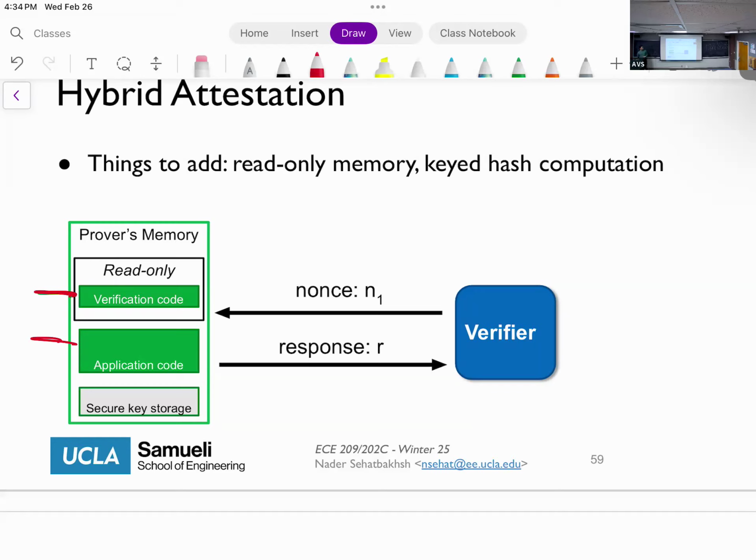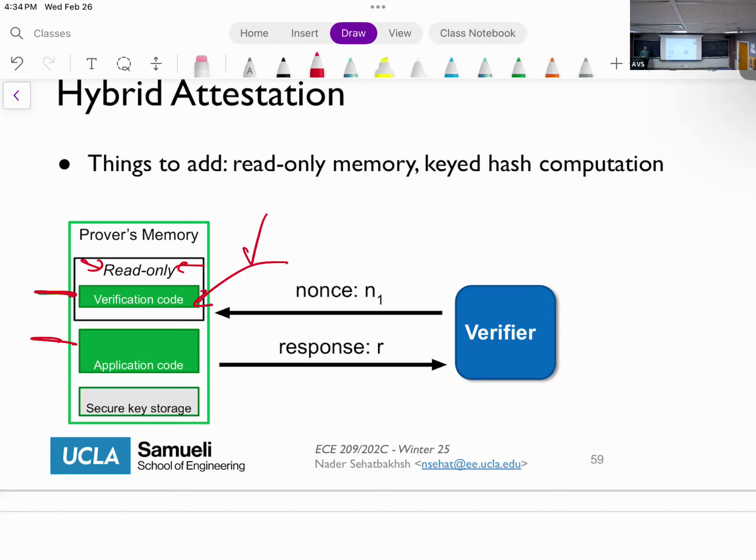For example, if we put the verification code in some form of read-only memory, in other words, we ensure that our verification code is always trusted and cannot be modified, then lots of those problems that I mentioned, like the adversary can move things and the adversary can use a proxy, are all gone because we always trust this, okay?